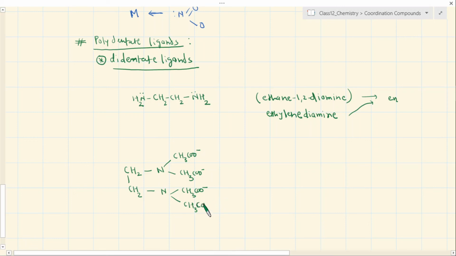Actually it is an ion derived from ethylene diamine tetraacetic acid. If you place hydrogen in all these, then it is the acid, correct? Ethylene diamine tetraacetic acid. But generally for us the important thing is that it is a negative ion.